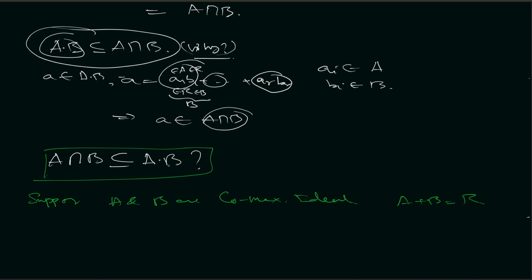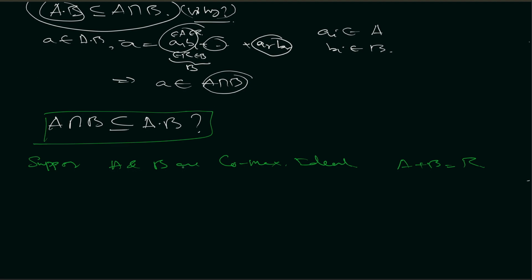So if you have an element x from A and y from B, I can define x plus y to be equal to 1, because R is a commutative ring with unity. So you can assume here that R should be a commutative ring with unity, right?